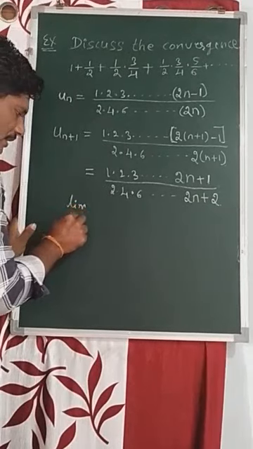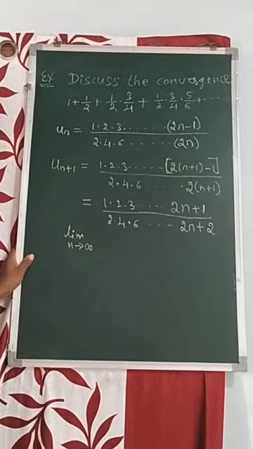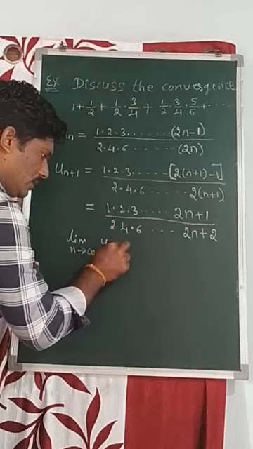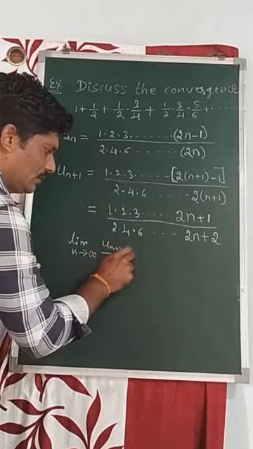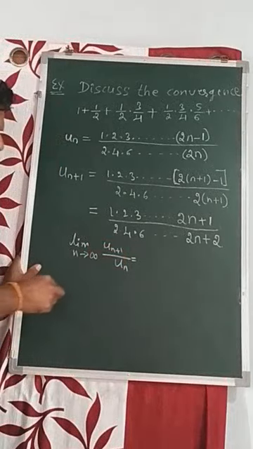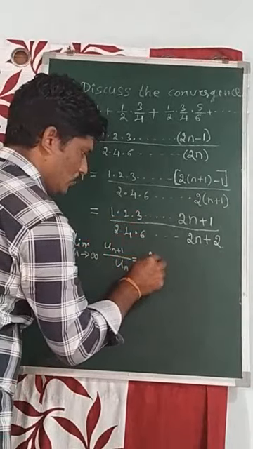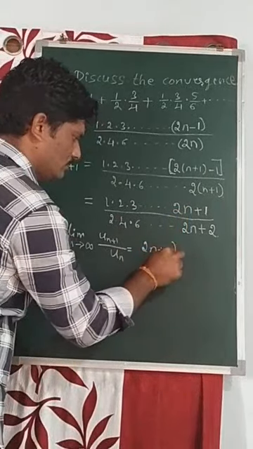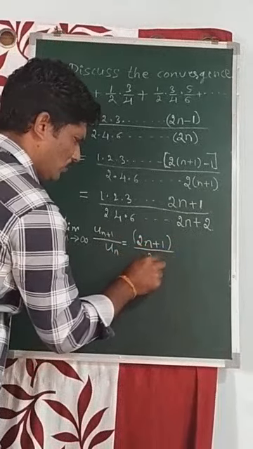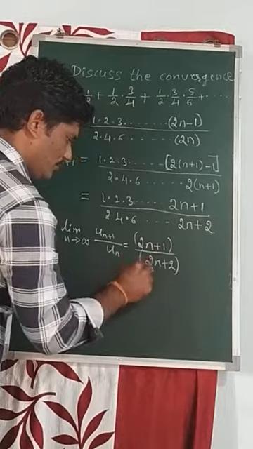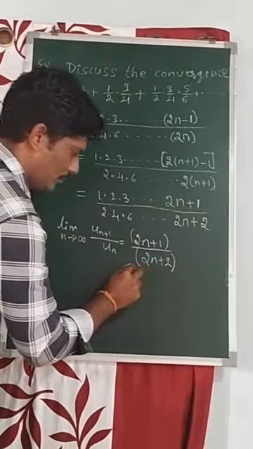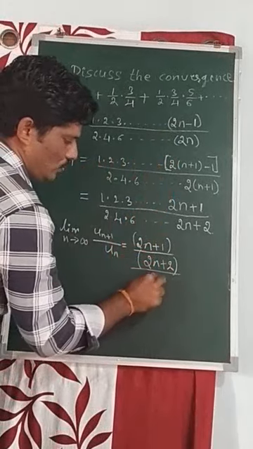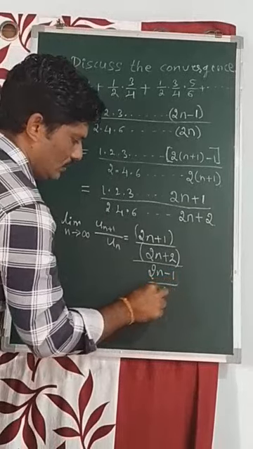Limit n tends to infinity. D'Alembert's ratio test is un plus 1 divided by un is equal to a finite quantity. Un plus 1 is, taking the last term, 2n plus 1 divided by 2n plus 2; un is 2n minus 1 divided by 2n.